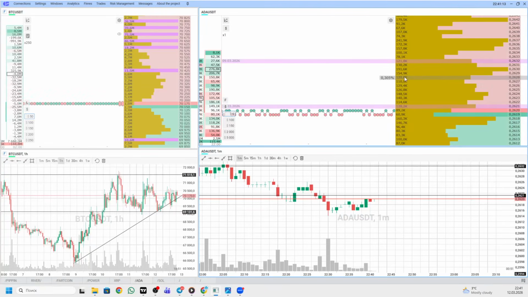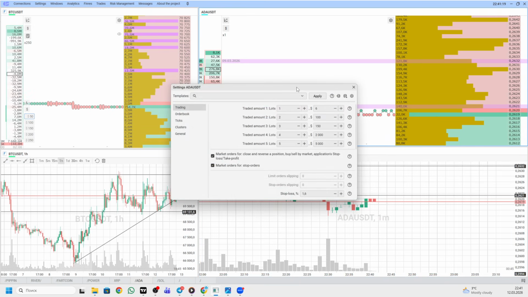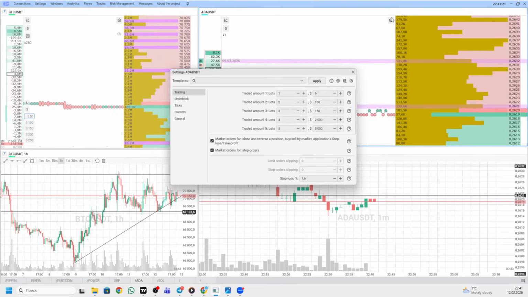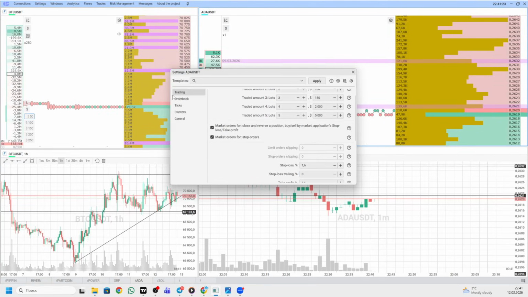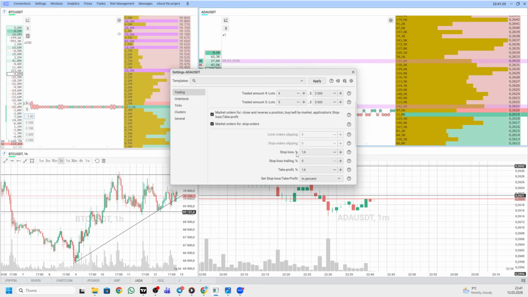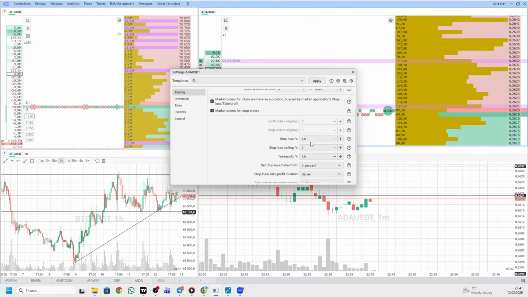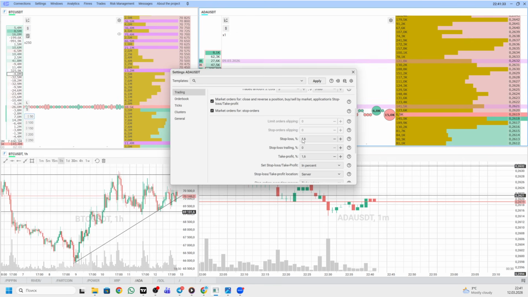Okay, so before entering the trade, very important, you set up your stop loss. Here is the setting of the asset. You go to trading, and over here there is a stop loss and take profit. So I put here 1.6%, for example, or 0.8. Okay, so you decide, it depends on the situation.